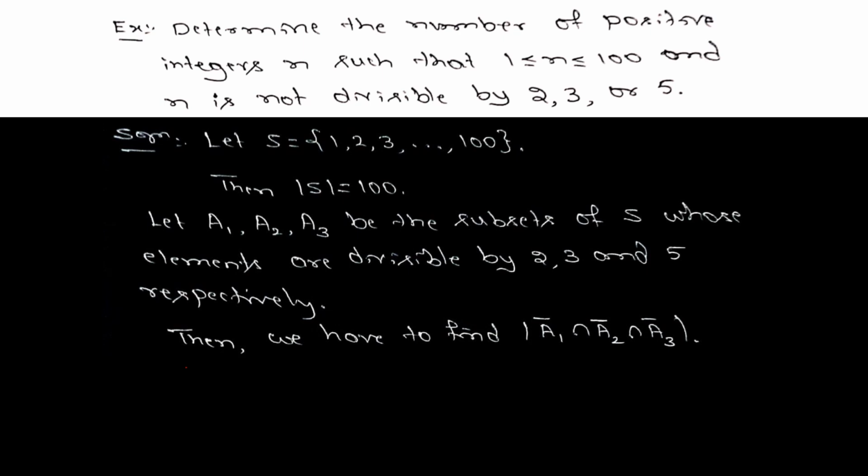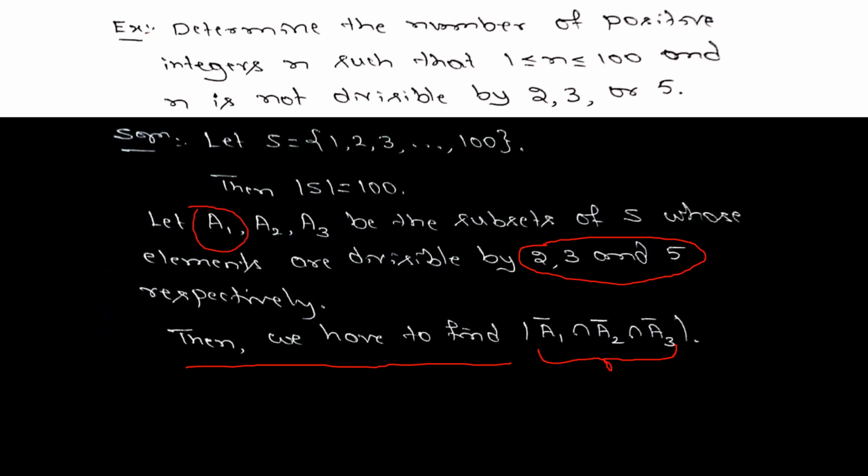Then we have to find the set of elements which are not divisible by any of these three numbers. That means if A1 is the set of all numbers which are divisible by 2, then if you take the complement of A1, you will get the elements which are not divisible by 2.